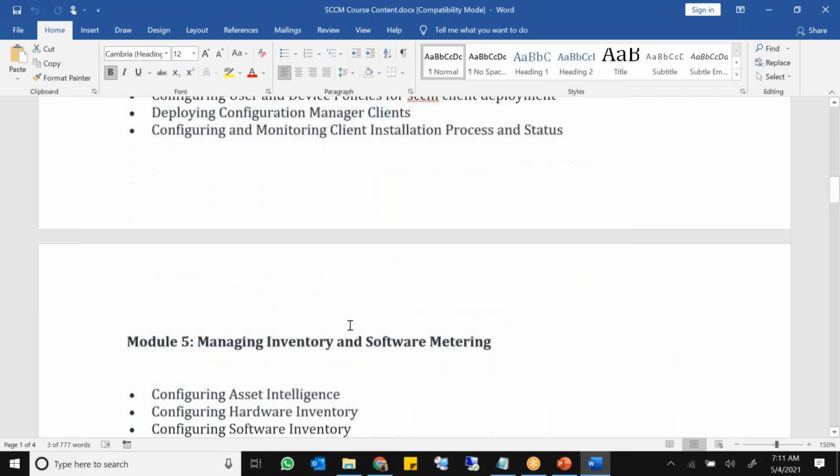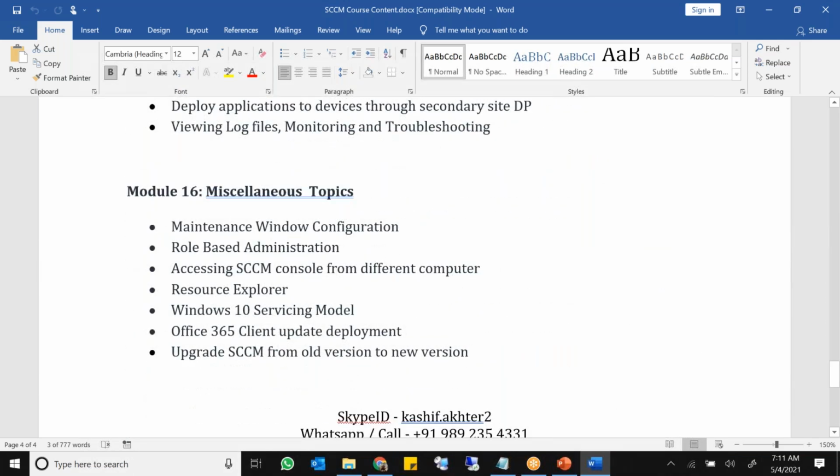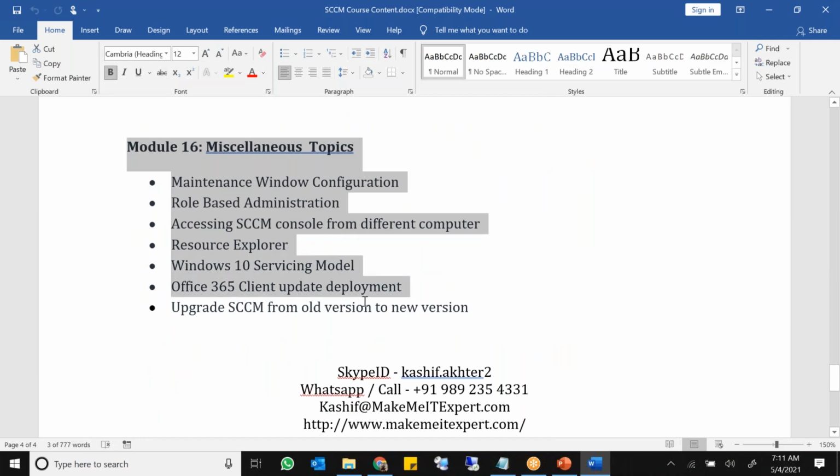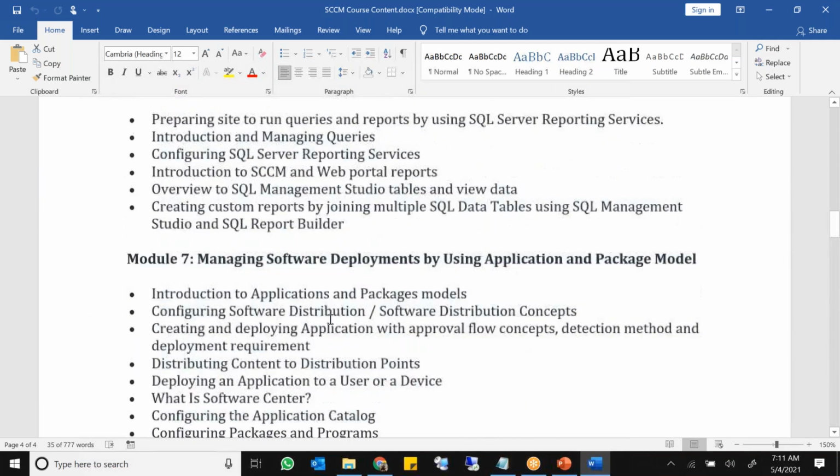We will do all these things step by step. You will complete all these topics. It will take 1 month to finish all of them.